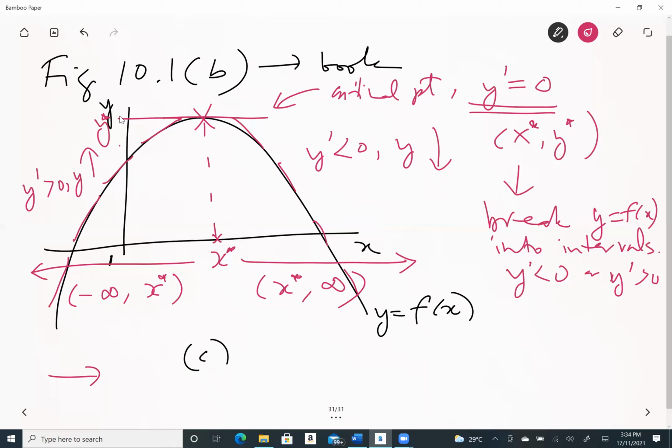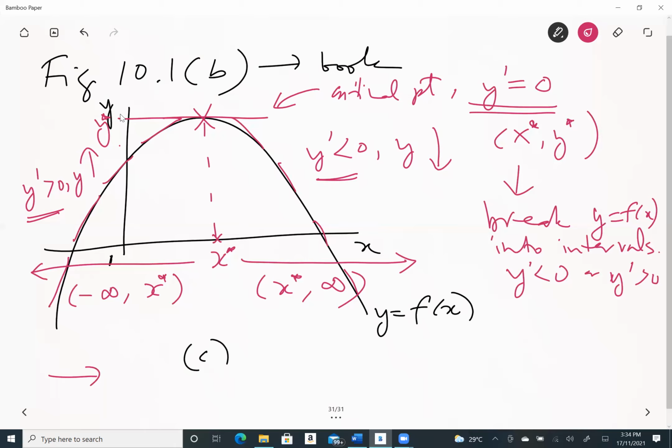For each interval, we see how y prime behaves, either positive or negative, and from there we can conclude about the behavior of y. Any question?